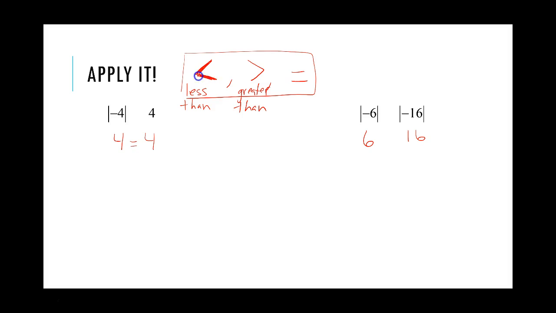The mouth is always open to the bigger number. So because 16 is greater, I want the mouth open to 16. So the absolute value of -6 is actually less than the absolute value of -16.